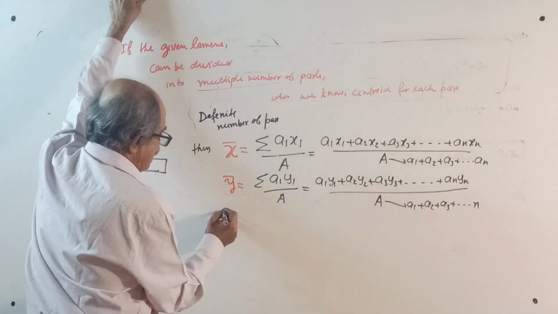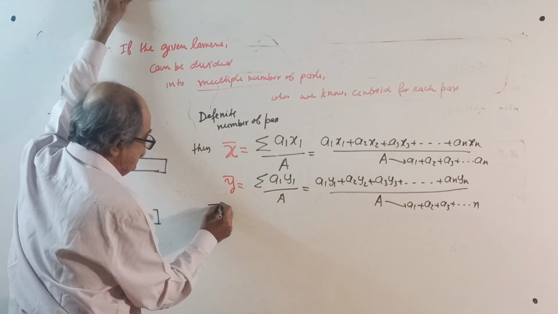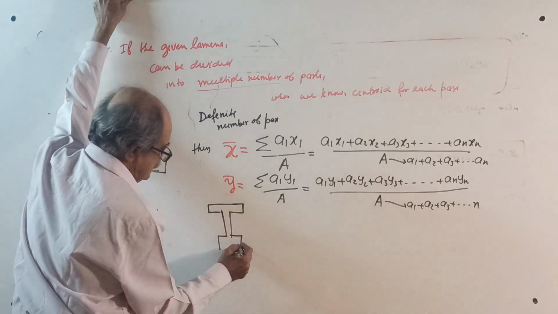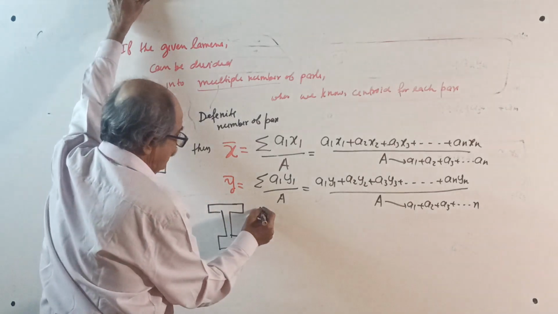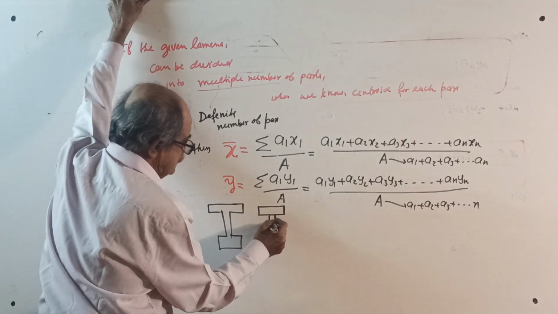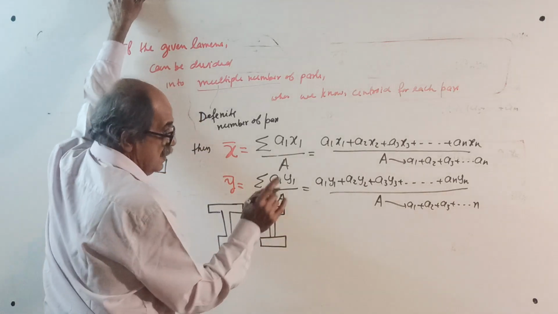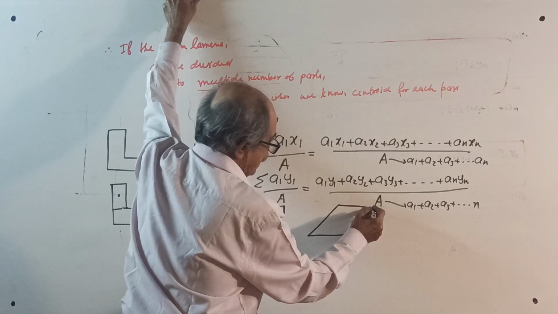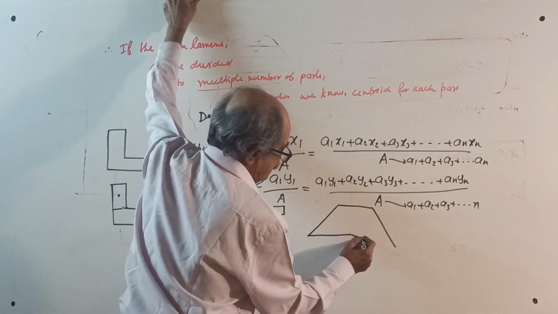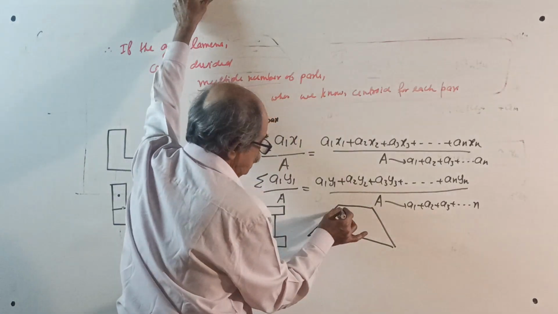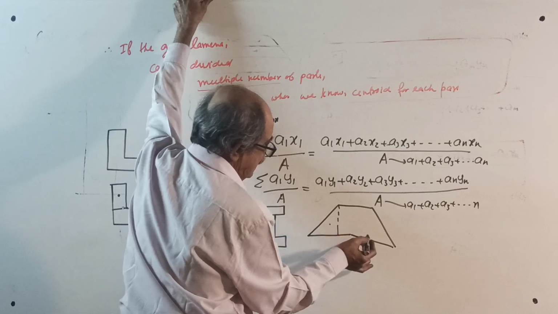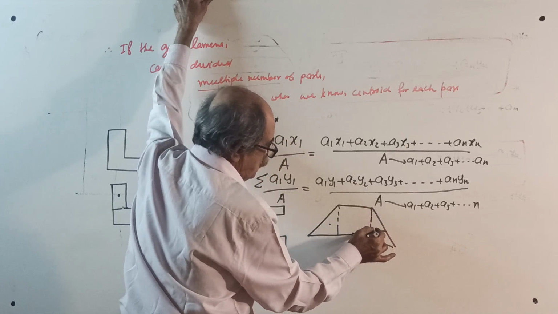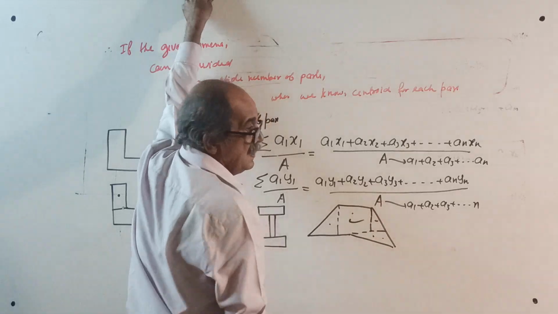Or, for example, suppose an I section is given this way. What you can do is divide it into three parts and apply here. Or suppose you are given a shape like this. Then you can divide it into a triangle, one more triangle here, and a rectangle.